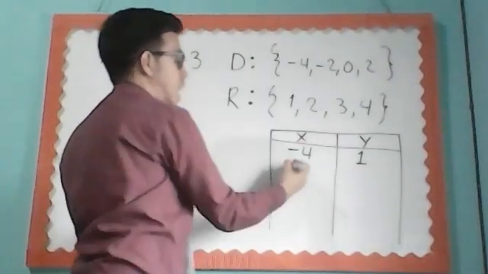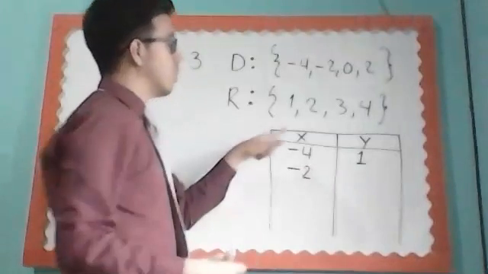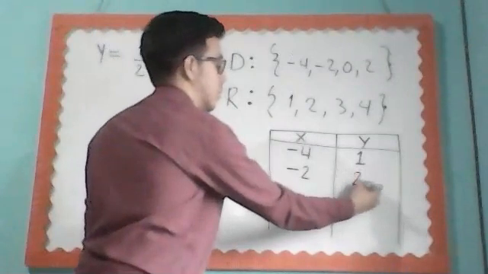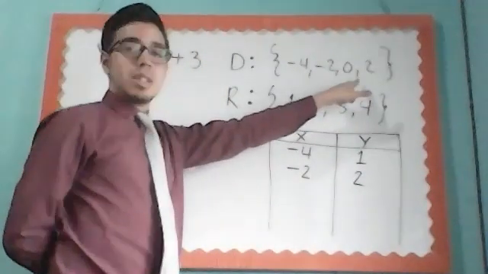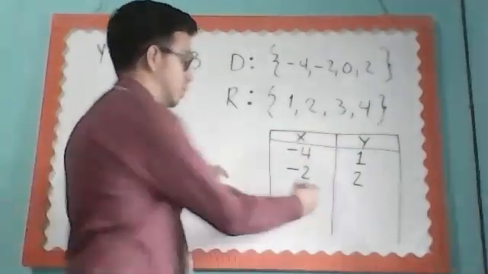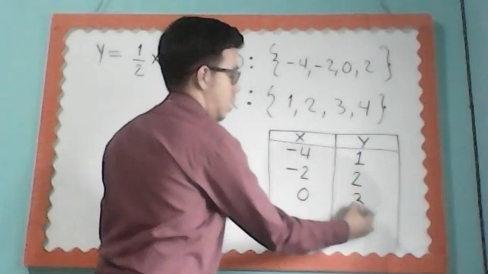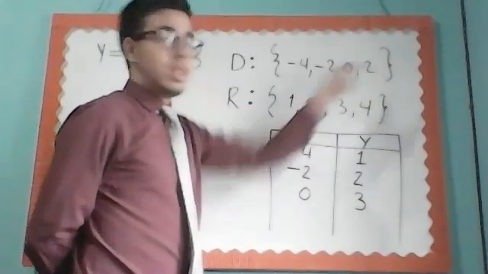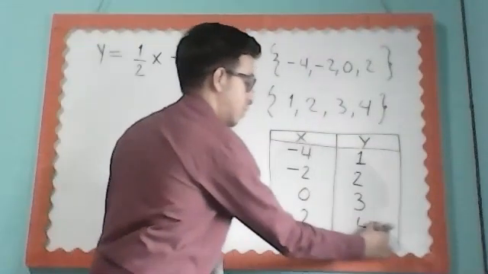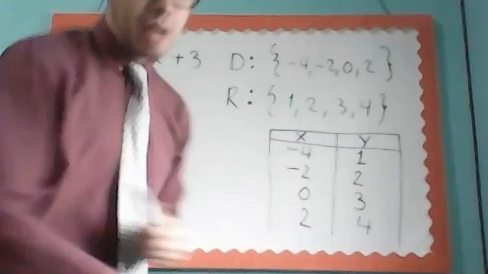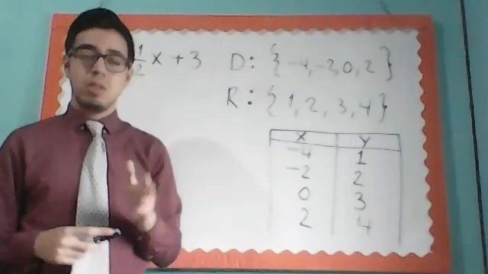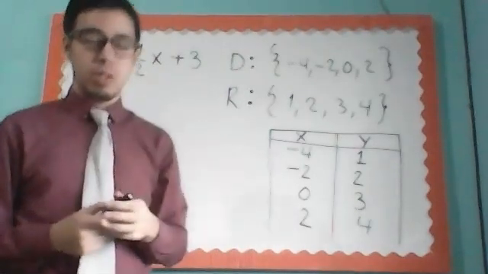When x is -2, y is +2. When x is 0, y is 3. And when x is 2, y is 4. You can compare with the values you have on the chart that we have the same results.